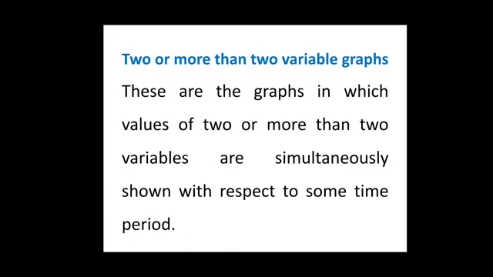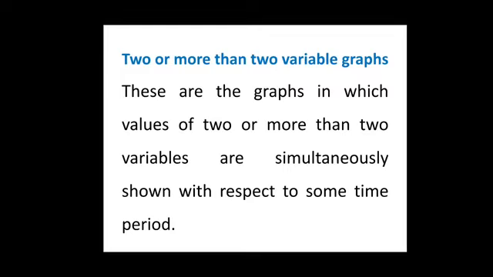Now, two or more than two variable graphs. Students, these are the graphs in which values of two or more than two variables are simultaneously shown with respect to some time period.